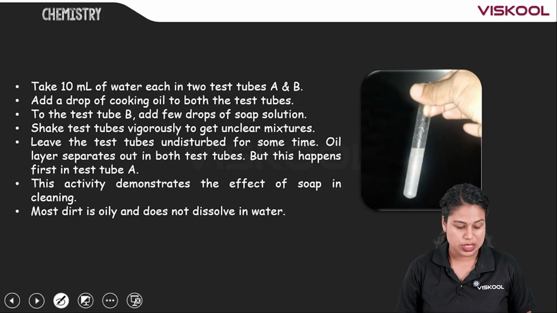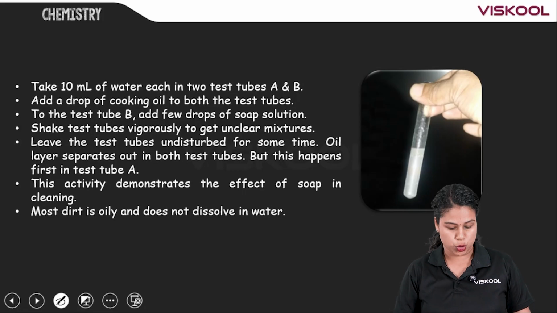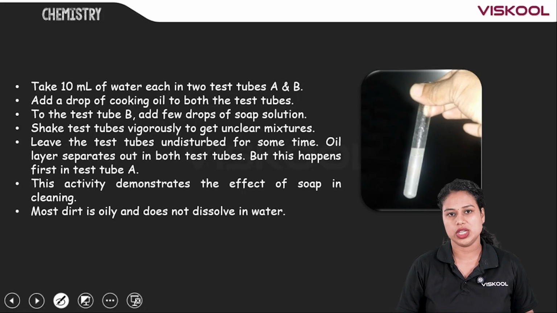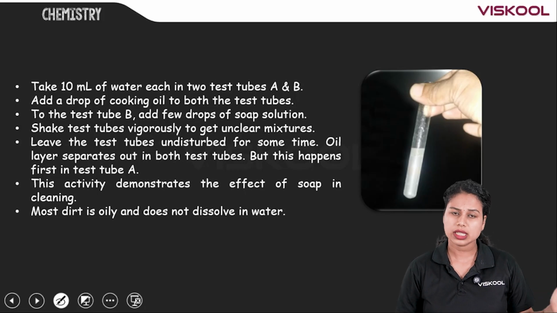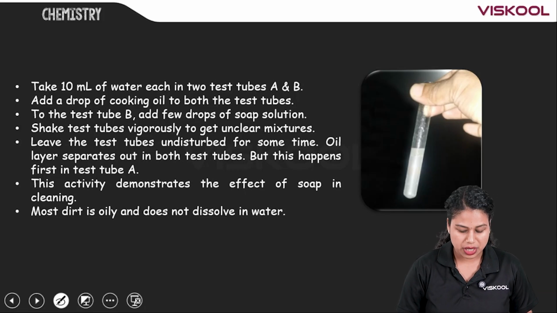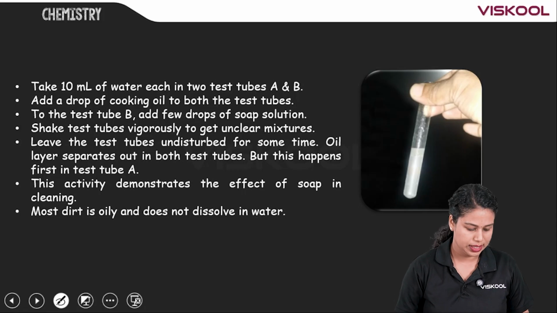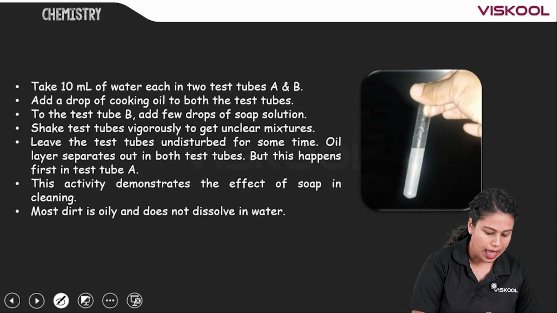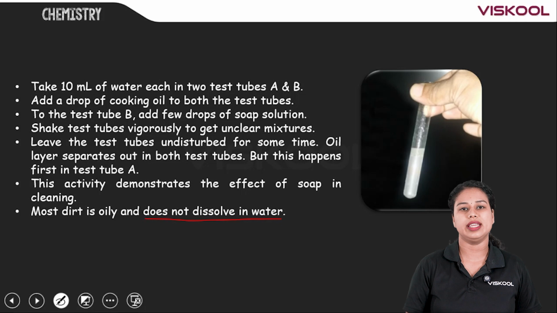Here we need to leave the test tubes undisturbed for some time. The oil layer separates out in both test tubes, but this happens first in test tube A. This activity demonstrates the effect of soap in cleaning. Most dirt is oily and does not dissolve in water.